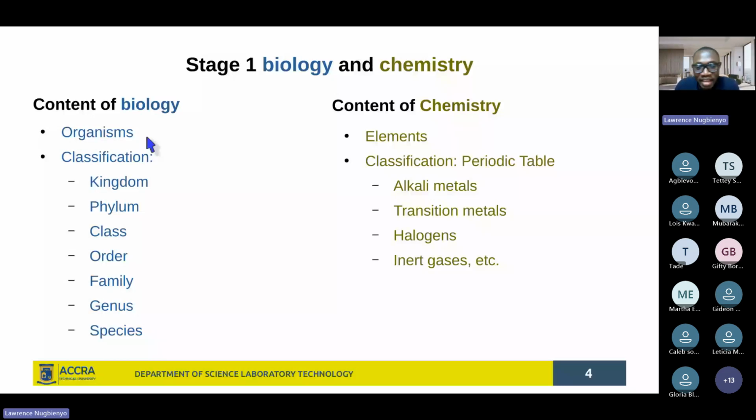So there you do what you refer to as classification of these organisms. That's when you talk about living organisms classified into kingdoms. You say kingdom Animalia, kingdom Plantae, kingdom Protozoa, all of that. And under each of them, you have phyla.